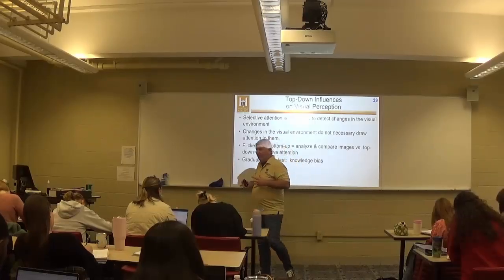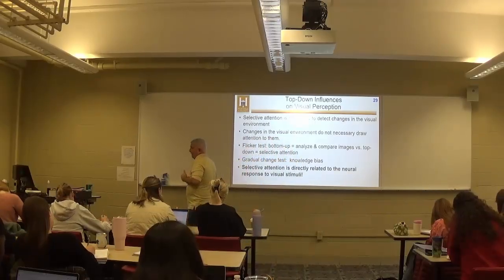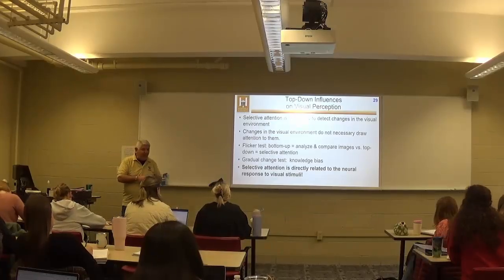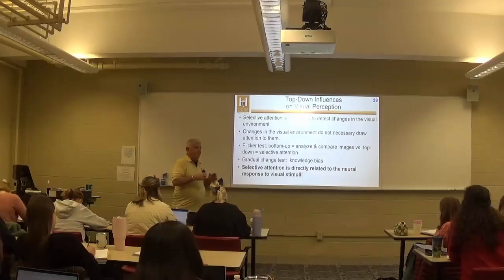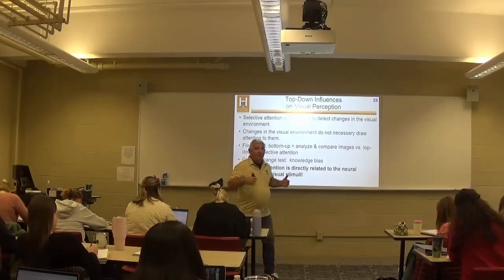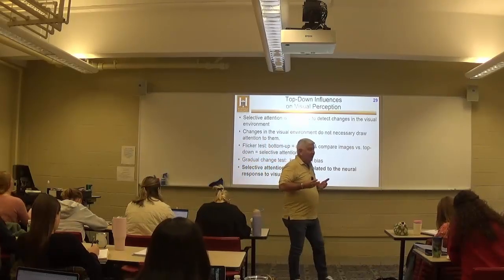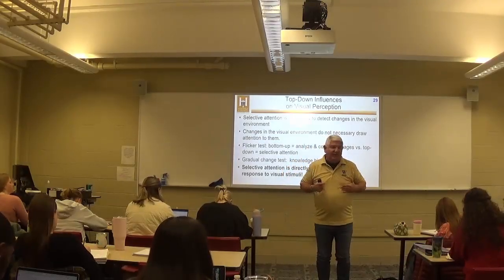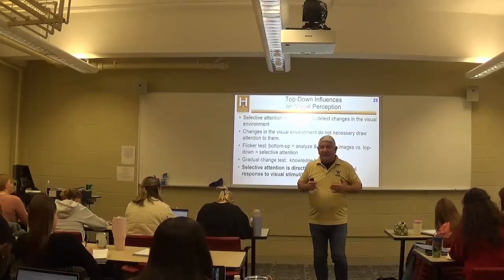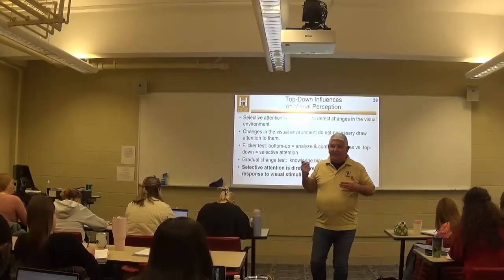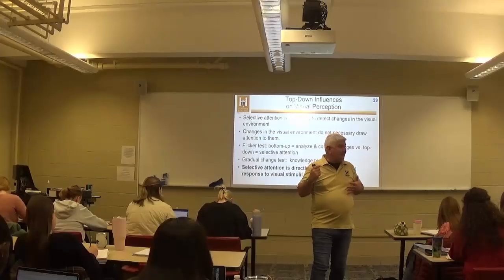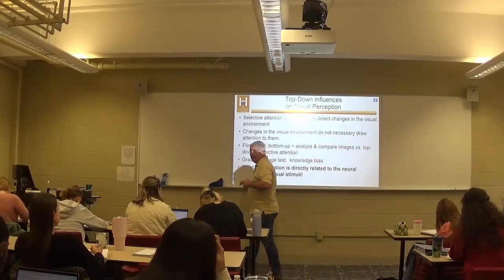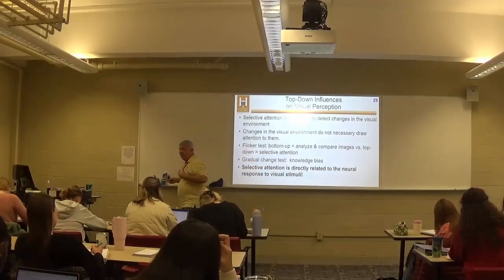And the difference between perceiving something and not perceiving something can often be the amount of neural activity that thing is generating. If it's not generating sufficient neural activity, then our brain doesn't pay attention or perceive that thing, even though it's coming in through our visual pathway.